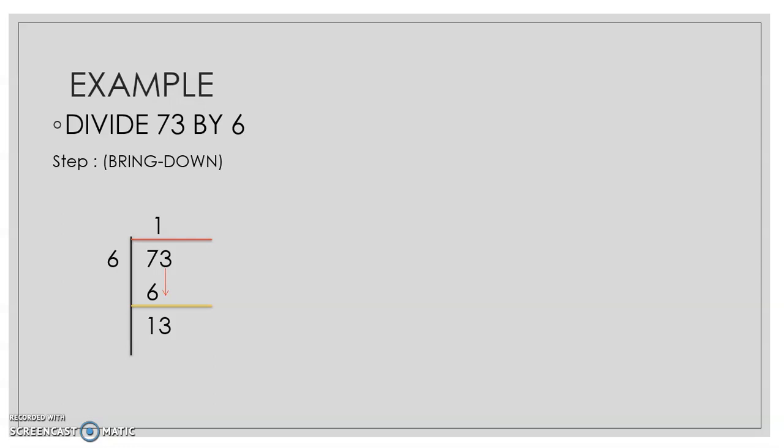In this case, we do a repeat. Repeat means we divide again. In this case, 13 divided by 6 is 2. This is this 2 here. Next, multiply. 2 times 6 is 12. That is this 12 here.